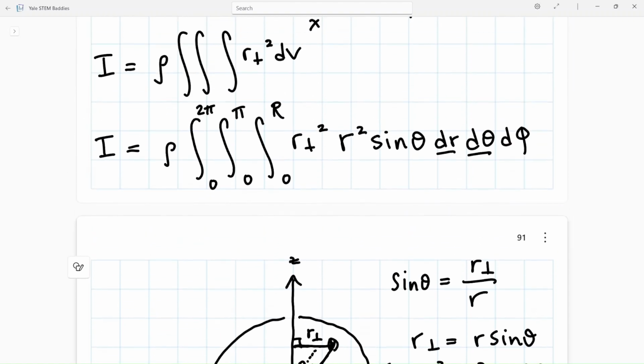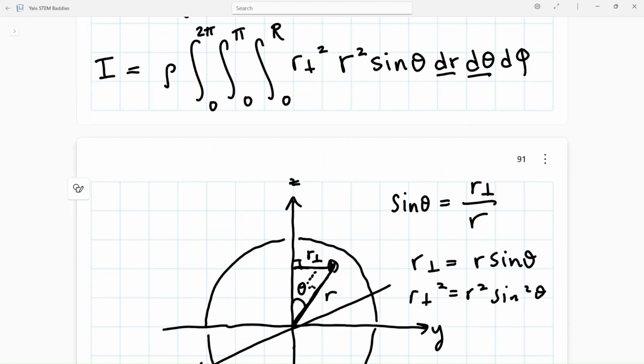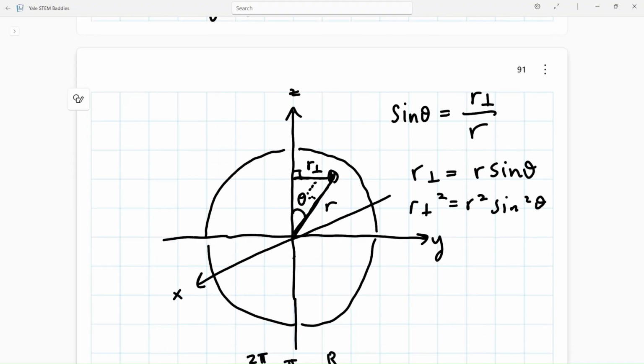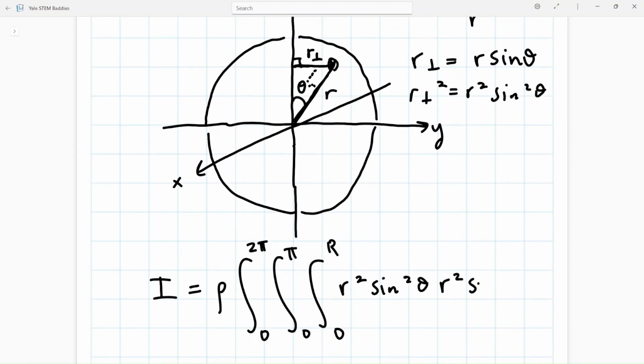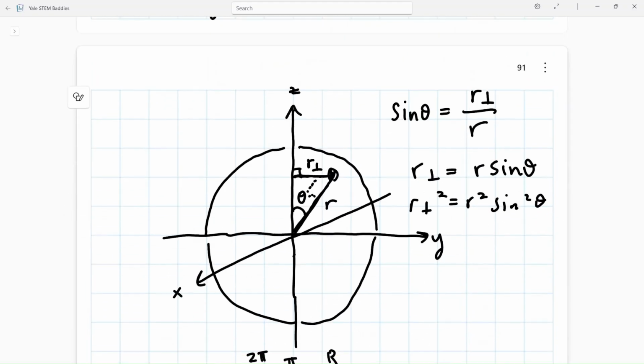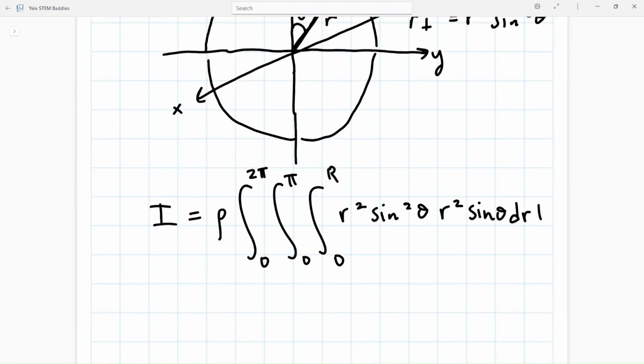Perfect. And then let's include these variables, which is r squared sine theta. So remember, just make sure we keep track of what's squared and what's not. And then let's include our differentials. So dr, d theta, d phi.